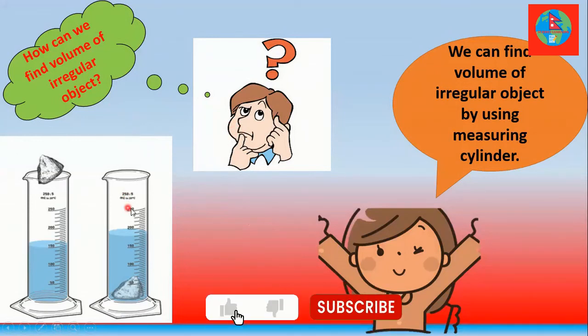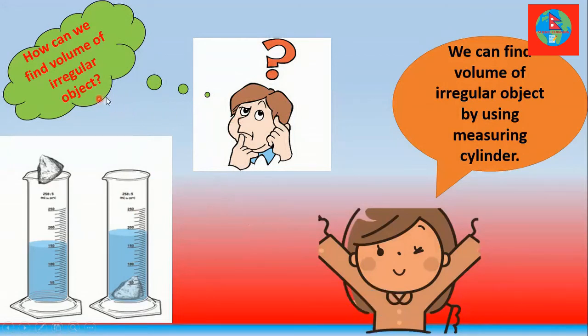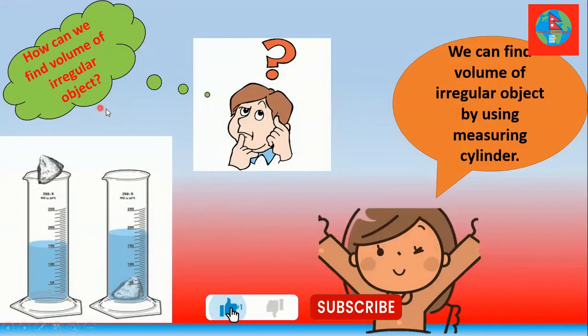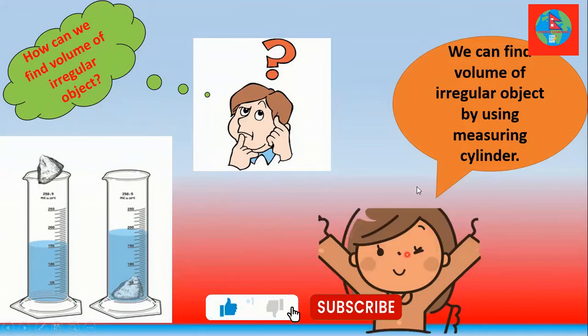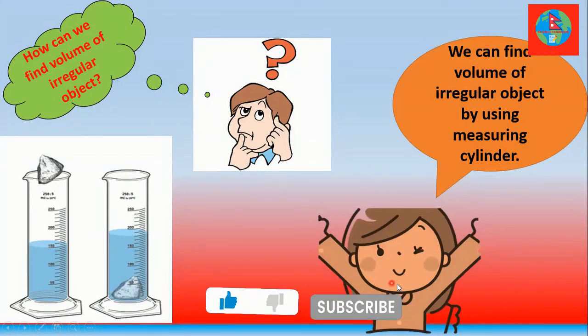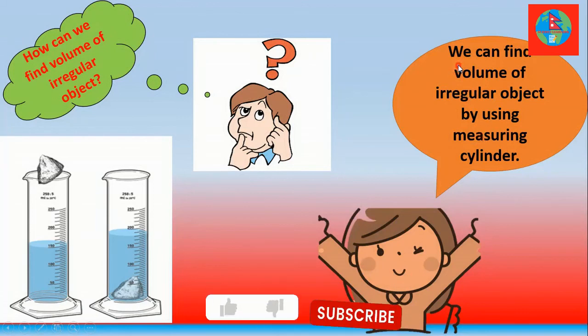But in this slide, we are going to learn about how we can find the volume of an irregular object. Oh, she says she is extremely happy. And she said we can find the volume of an irregular object by using a measuring cylinder. Have you ever seen a measuring cylinder? Yes, a measuring cylinder is this type.